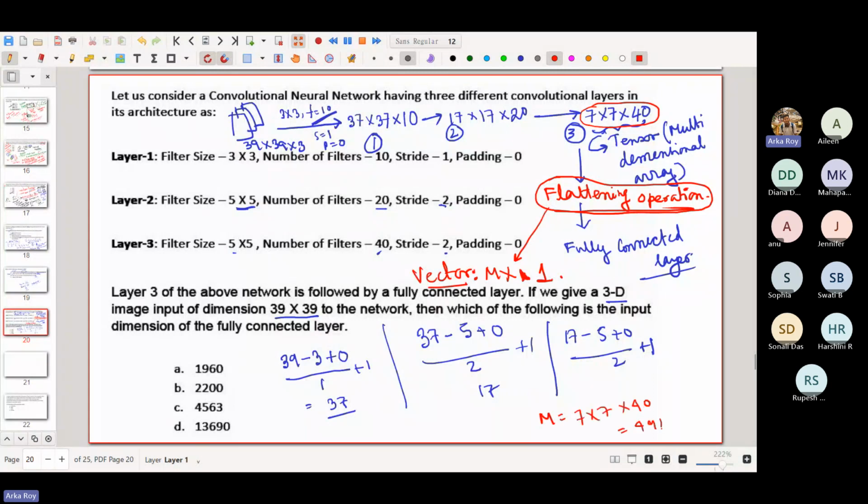So that means 49 cross 40, which will be 1960. So the flattening layer output will be 1960 cross 1. So these you can feed to the fully connected layer. If you have seen the LeNet code, you must have seen that there is a flatten layer. After that, we use the fully connected layer, which is also known as dense layer.